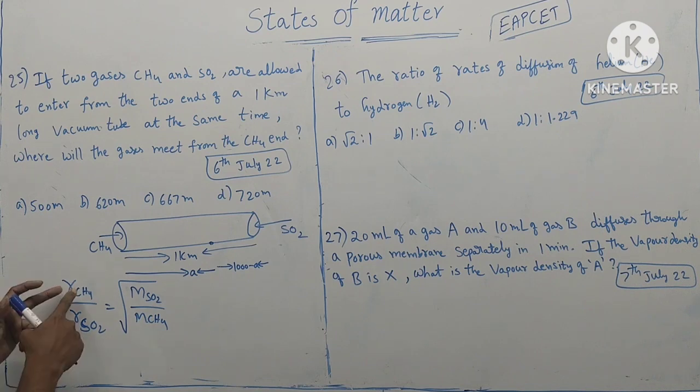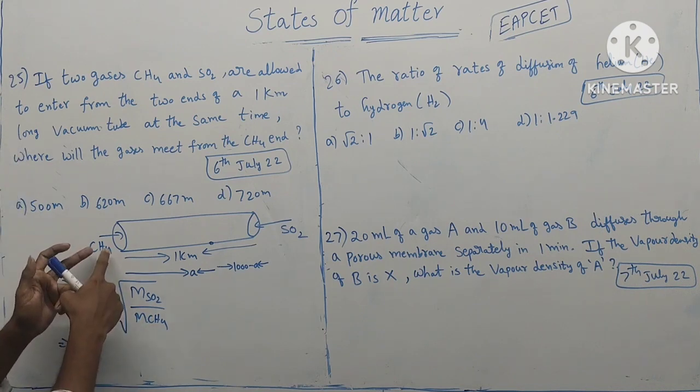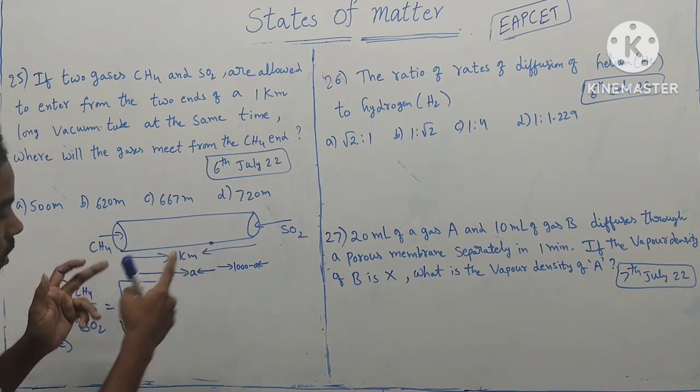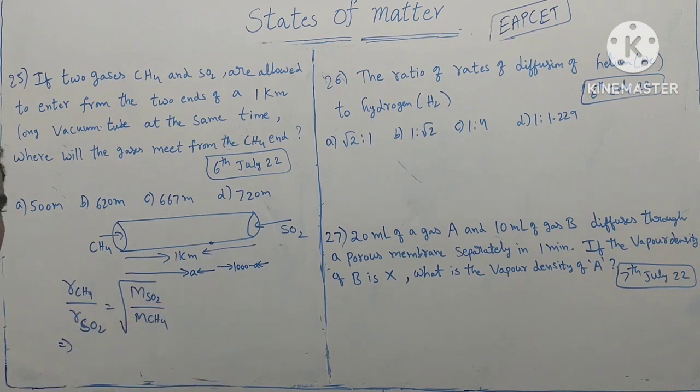The rate of diffusion of methane means the distance traveled by the methane gas in the given time. So R of CH4 is A, the distance traveled by methane, and the time is the same for both, so time is constant.